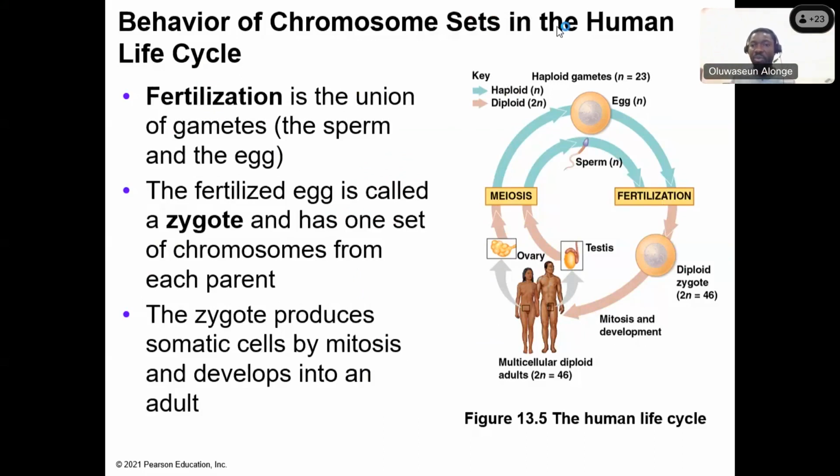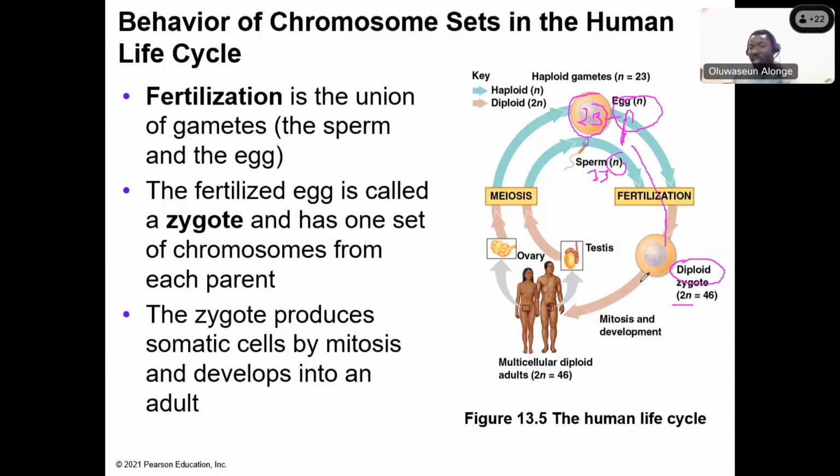You notice that this is the egg, which has 23 chromosomes, or we use the letter N. And this is the sperm. Again, it has 23 chromosomes. We use N as well. So N plus N, by fertilization, is going to give you a diploid zygote, which is 2N.